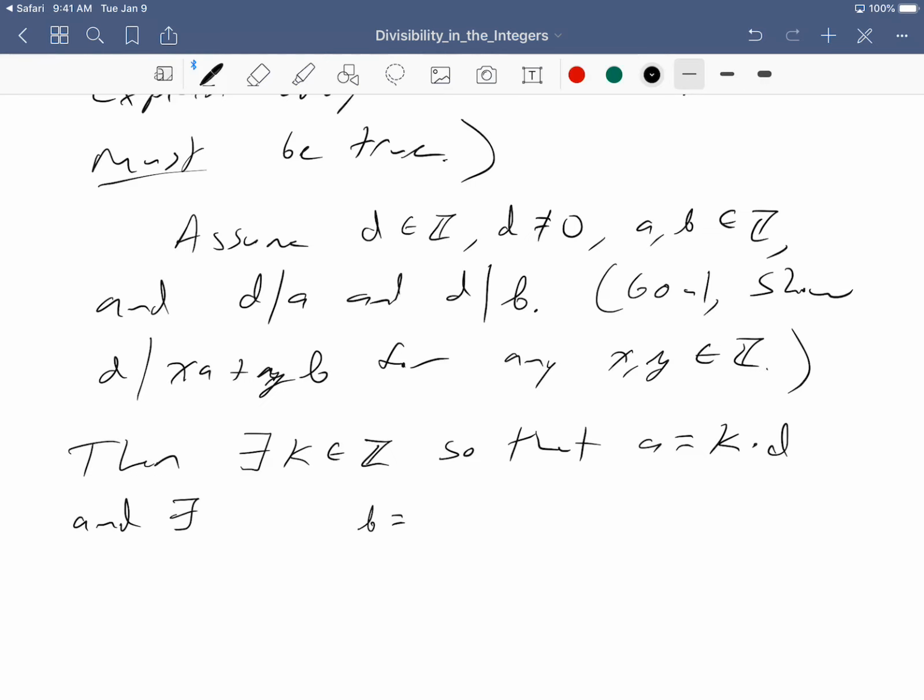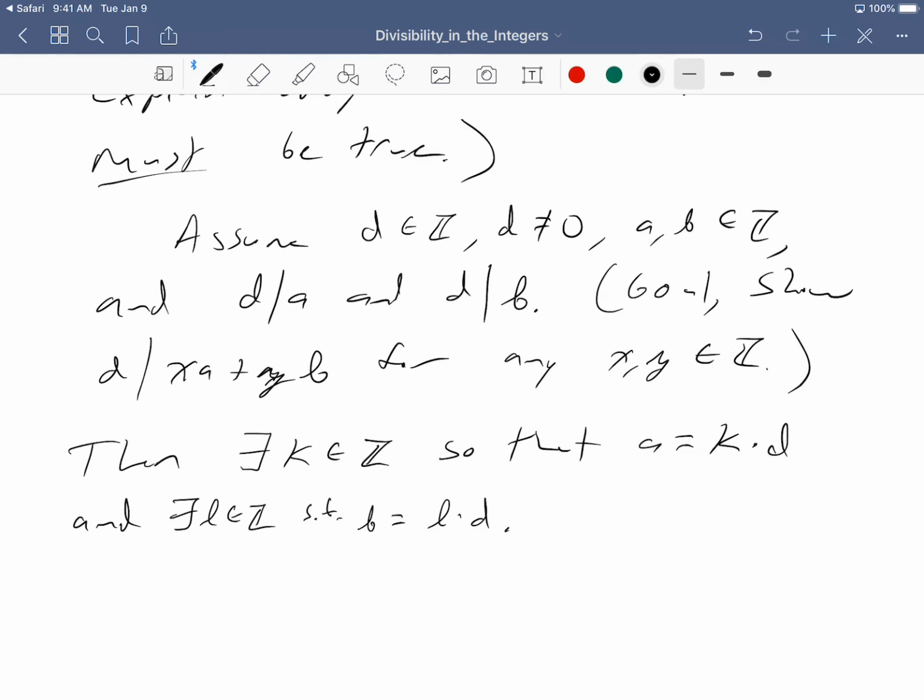I want to say there's some integer that might be different. I'll call it L, so that B equals L times D. All I'm doing here is using that definition. I'm writing what it means to say D divides A and D divides B. It means those two things.